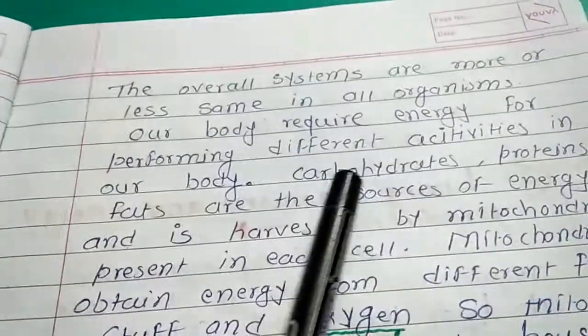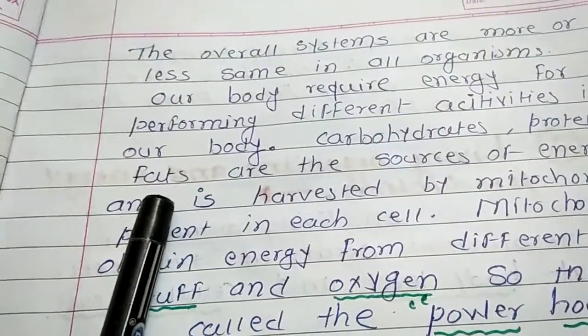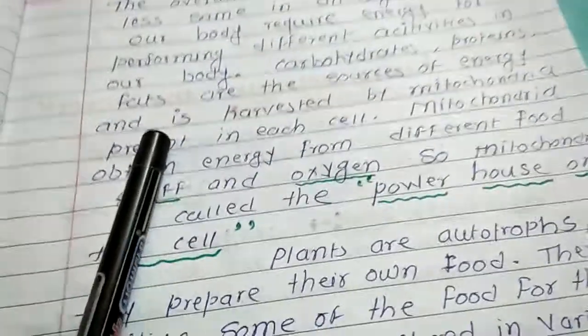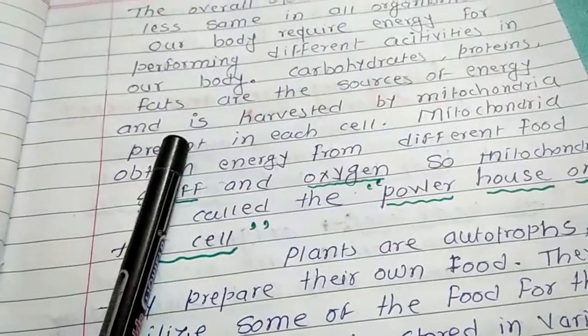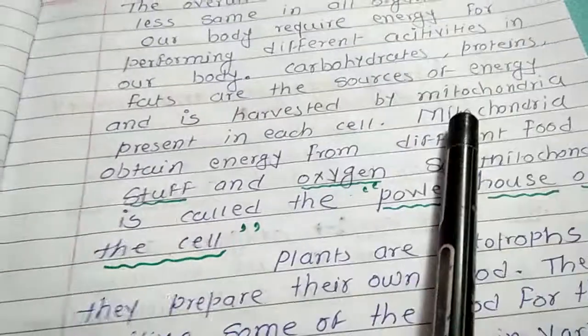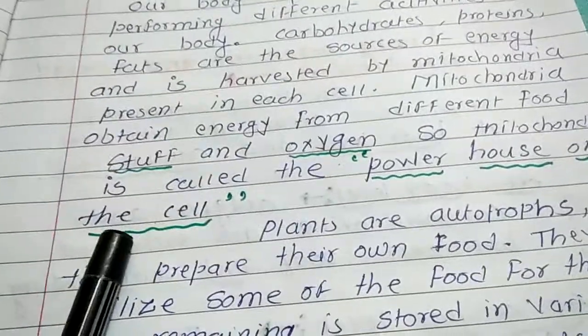We get energy from carbohydrates, proteins, fats and many other sources of food, such as vitamins, minerals, etc. All this process of generation of energy takes place in the mitochondria. Therefore, mitochondria are called the powerhouse of the cell.